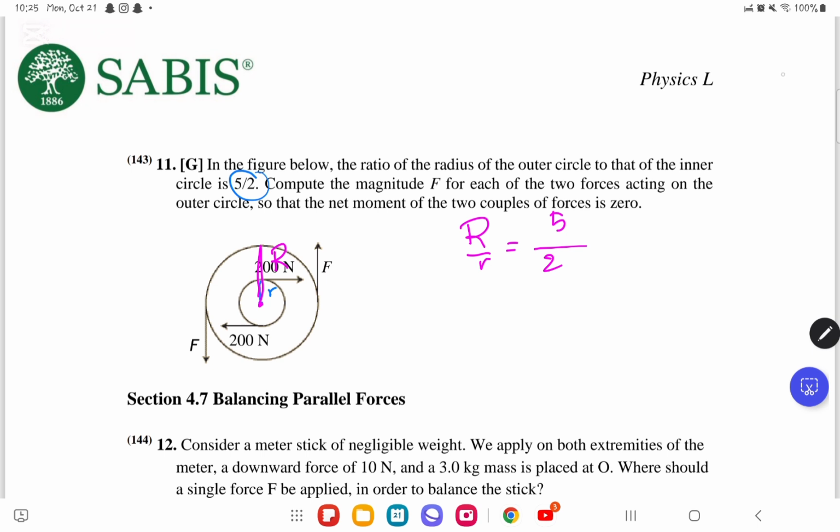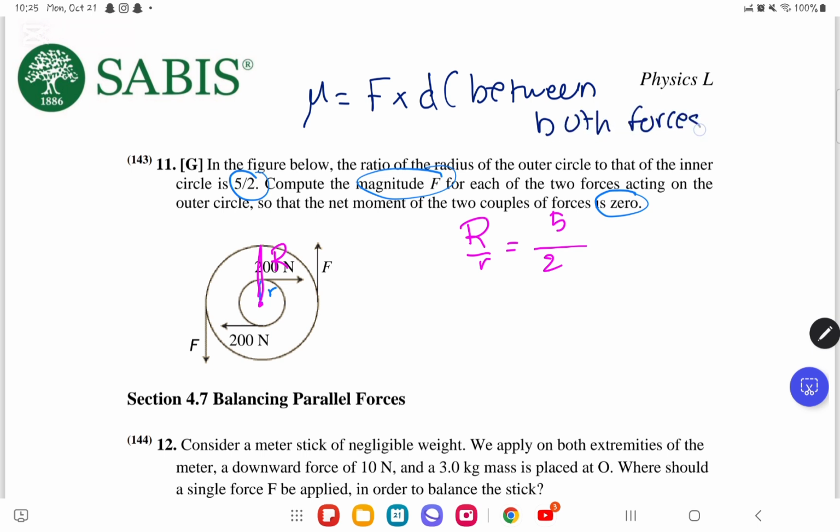They told us we need to find the magnitude F for each of the two forces so that the net moment of the two couples is 0. So very simply, the moment of a couple is equal to the force times the distance between both forces.